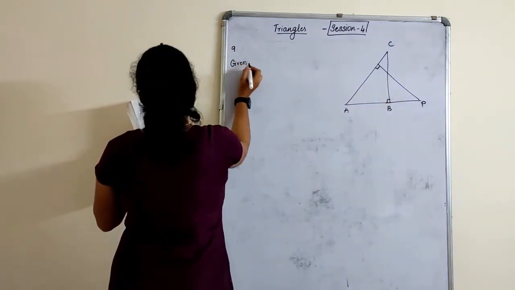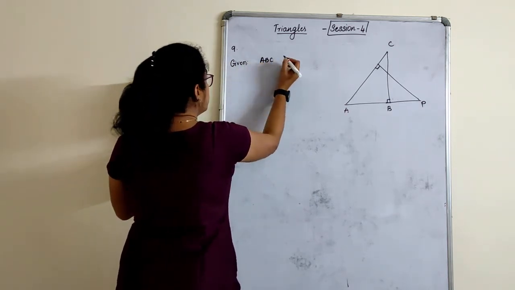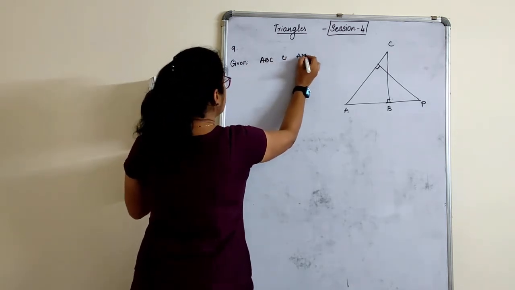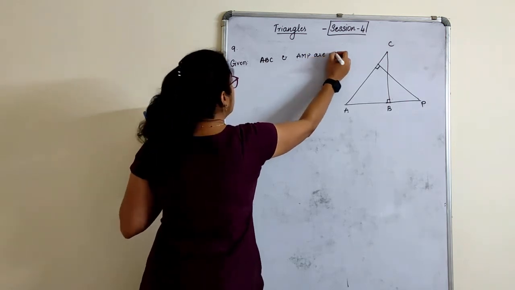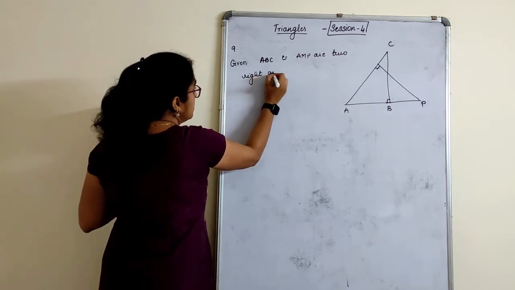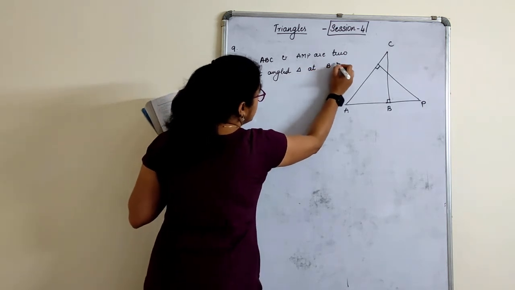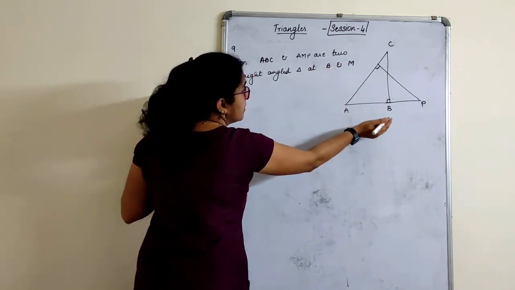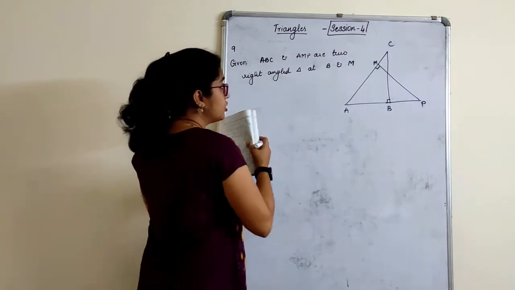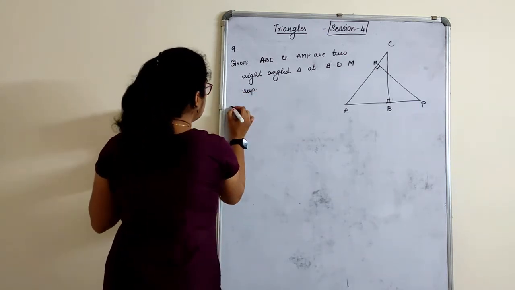Given: ABC and AMP are two right angled triangles at B and M respectively. We have to mention the vertex where it is right angle, at B and M respectively.